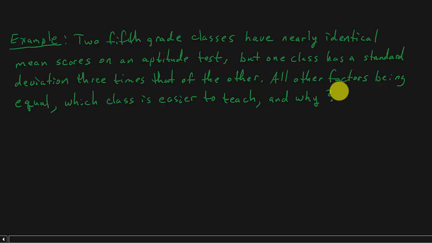But one class has a standard deviation 3 times that of the other class. Okay? So in other words, if one class has a standard deviation of, say, 10, the other one has a standard deviation of 30. But their means are pretty much the same. But their standard deviations, one is 3 times more than the other.